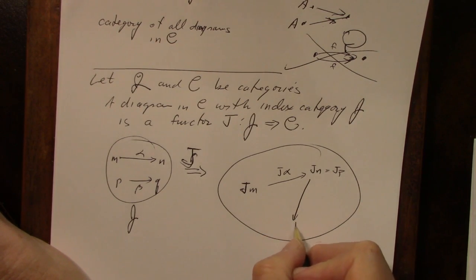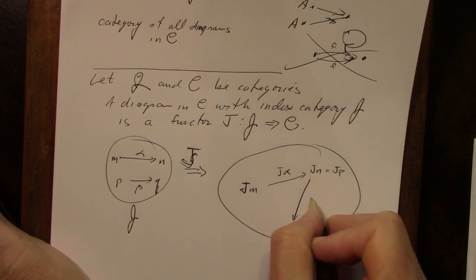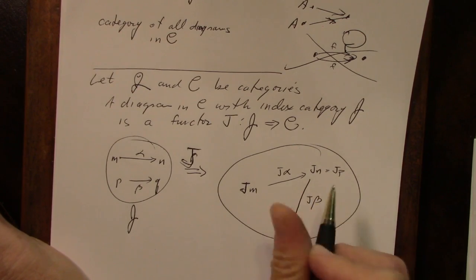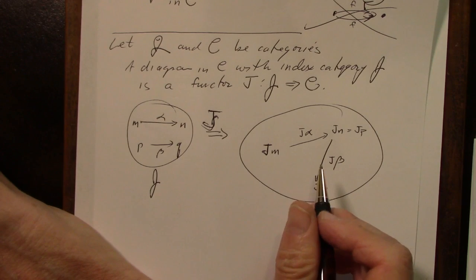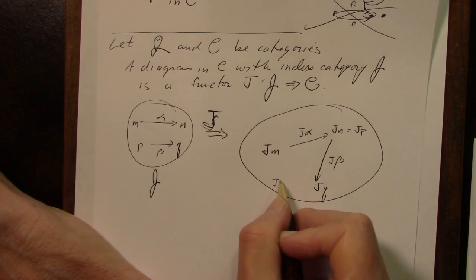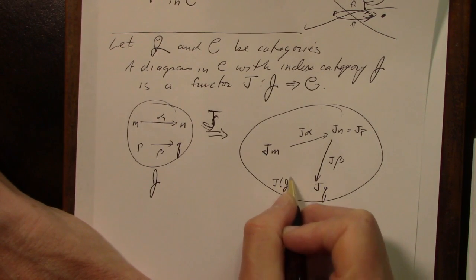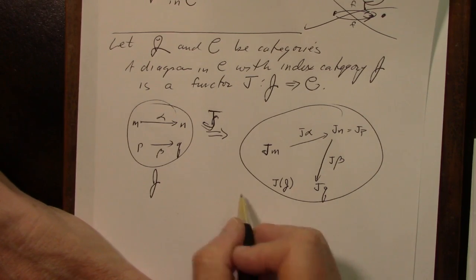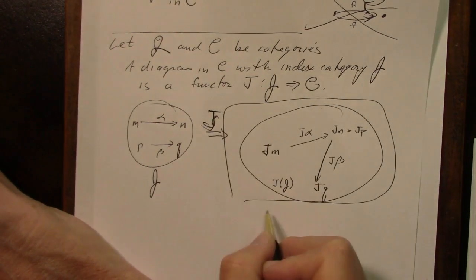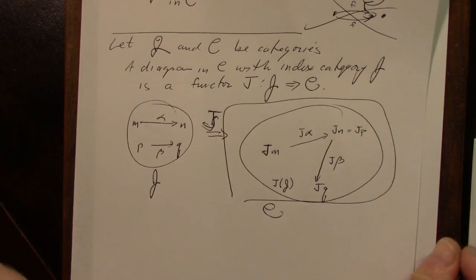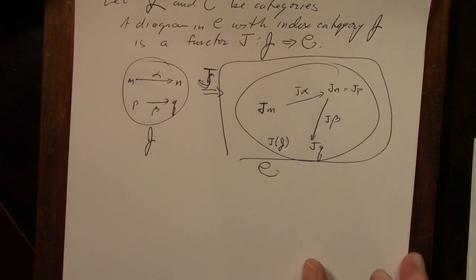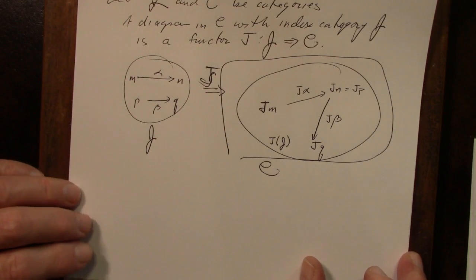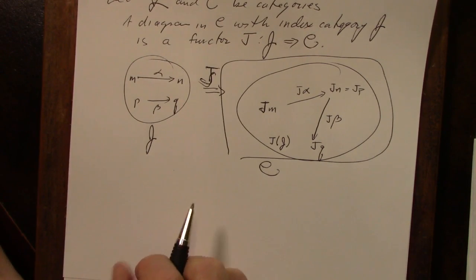So this is Jq, and this is J beta. This is actually the image J of script J, and all that is inside C. Okay, so that's a picture of a formal diagram in a category C.